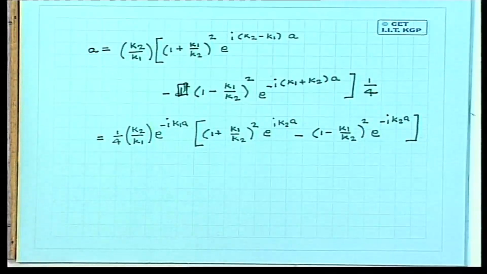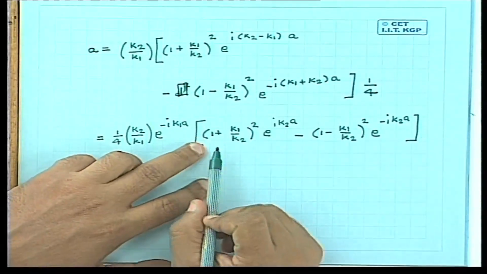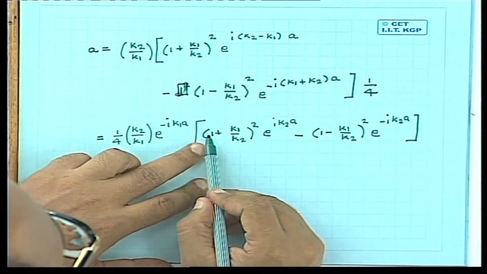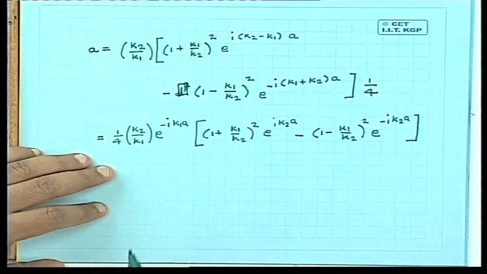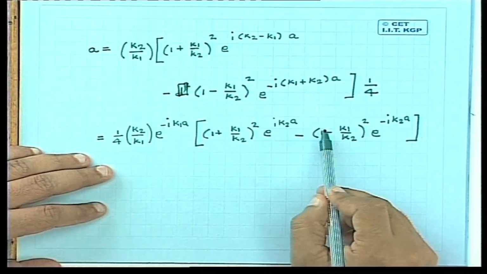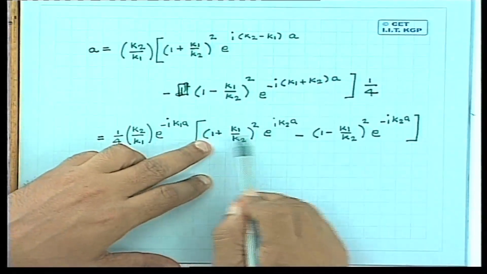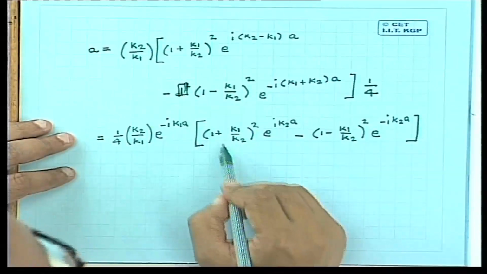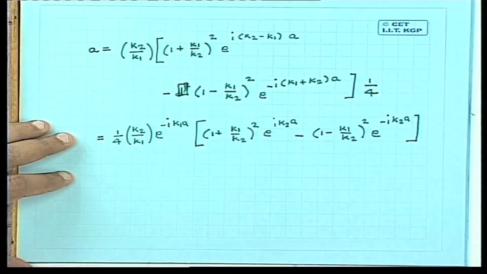Now this can be further simplified. If I expand this term, I will get two positive terms, which is all three of them will be positive. If I expand this, there will be two terms which will be positive, two terms which will be negative. Now let me take the two of these terms common. So I am going to take 1 and k1 by k2 squared common from this expansion.